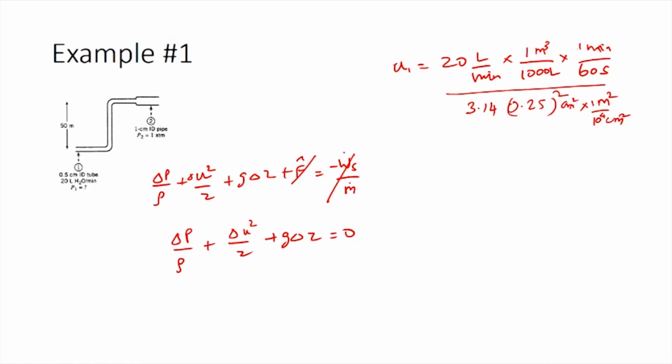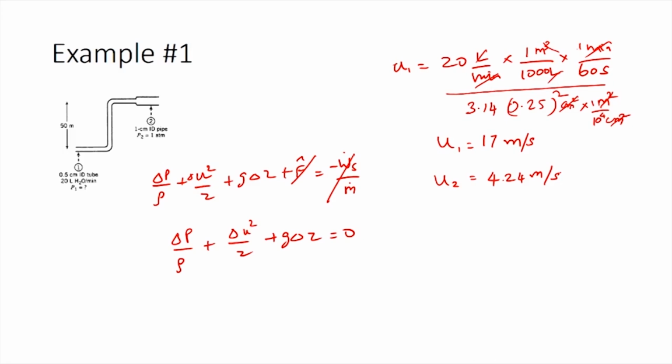So, in this equation you have centimeter squared getting cancelled, minute getting cancelled, liters getting cancelled, meter squares getting cancelled, and you end up with meters per second, which is the linear velocity. So, u1 is actually equal to 17 meters per second. Similarly, you can calculate u2, which would be equal to 4.24 meters per second. You actually do not have to perform all the calculations which we did to calculate u2.